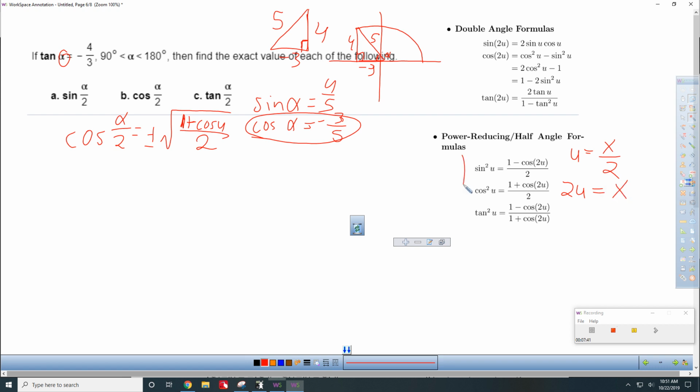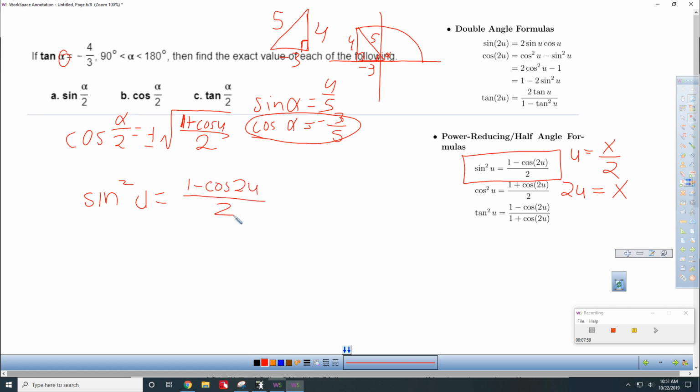I'm trying to explain how she turned that into a half angle formula. So sine squared of u is (1 minus cosine of 2u) over 2. Now let's take out the u's and put in x over 2.